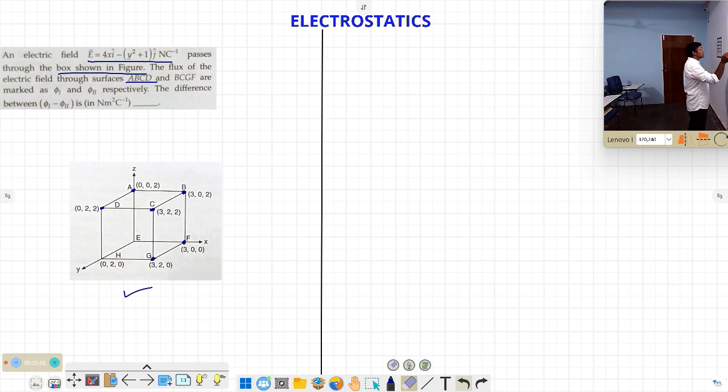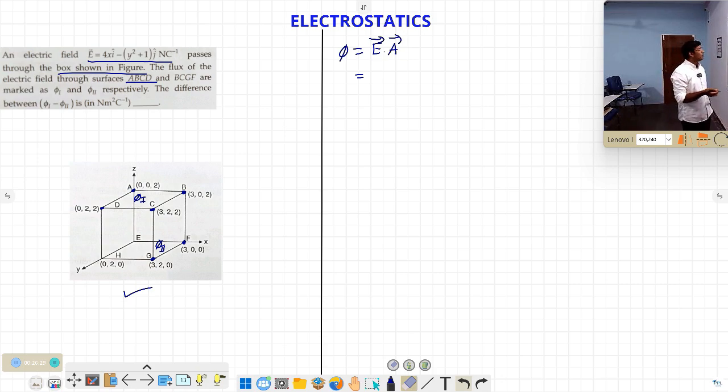The flux across the first surface is given as phi 1 and across the second surface is phi 2, and they are asking to find the difference between the flux across these two areas. The basic formula for flux is the product of electric field and area vector. In this case the vector form is given, so you have to use the dot product to find the answer.